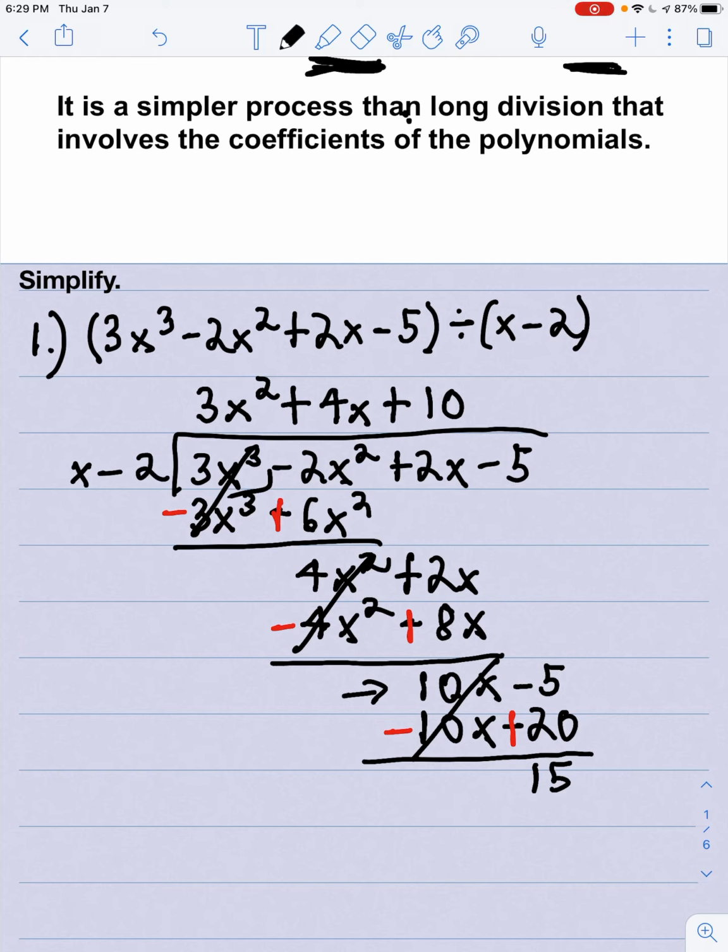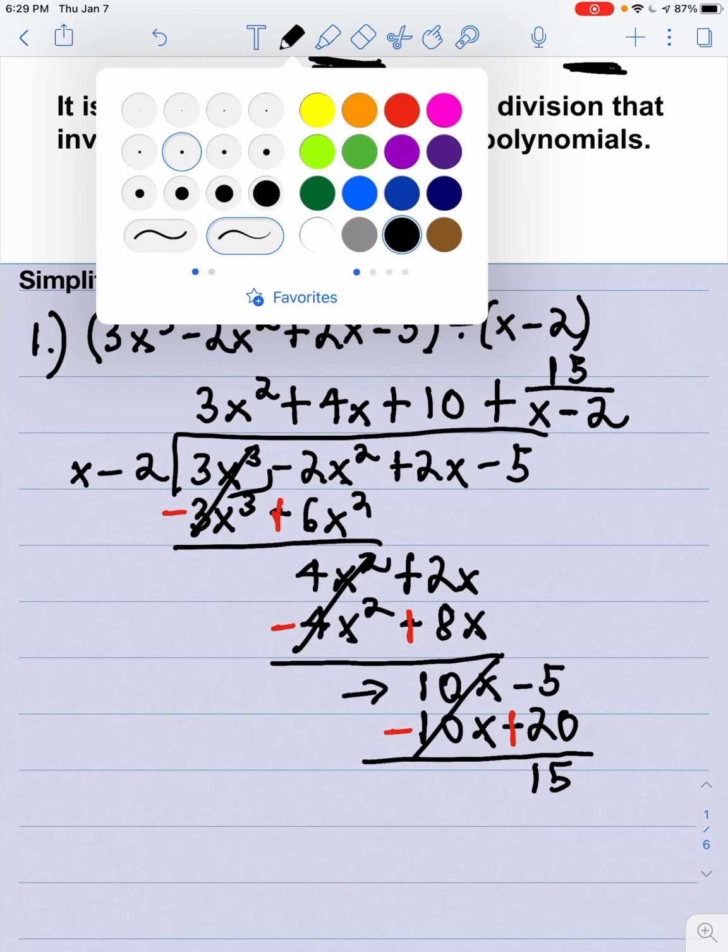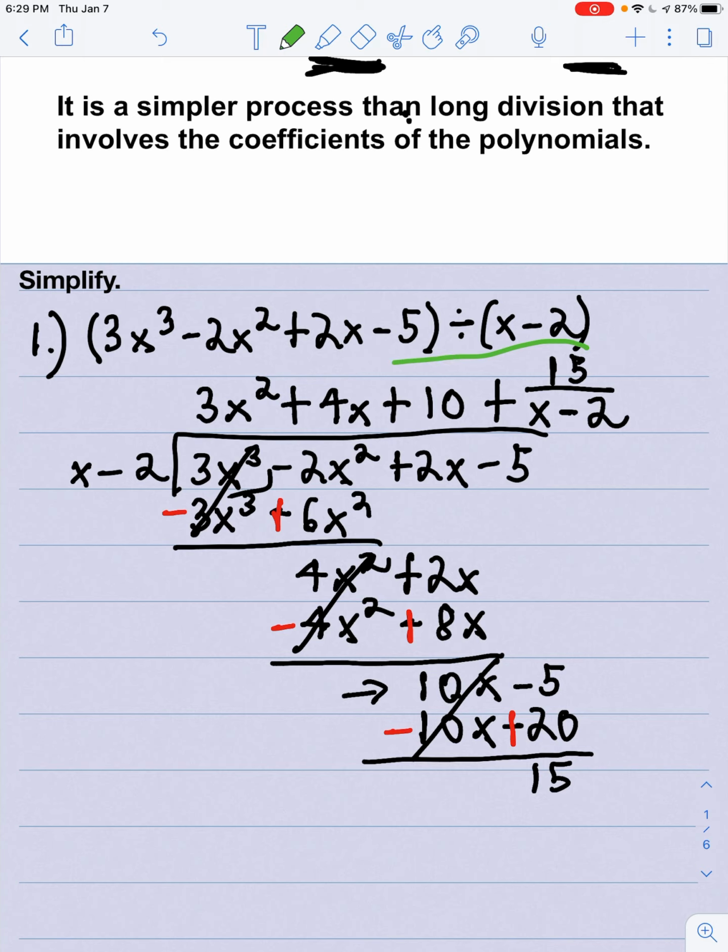And when I have that remainder, I'm going to write plus my remainder of 15 over my divisor of x minus 2. And so that would be my answer. What you see right here, 3x squared plus 4x plus 10 plus 15 over x minus 2.